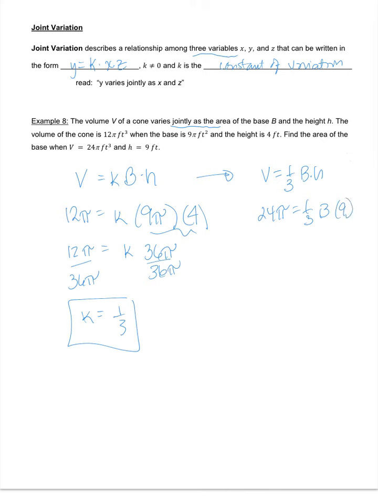So I can simplify the right-hand side of the equation. 3 goes into 3 once, 3 goes into 9 3 times. So I have 24 pi equals 3b. Now if I divide both sides by 3, I'm going to get b equals 8 pi feet squared.